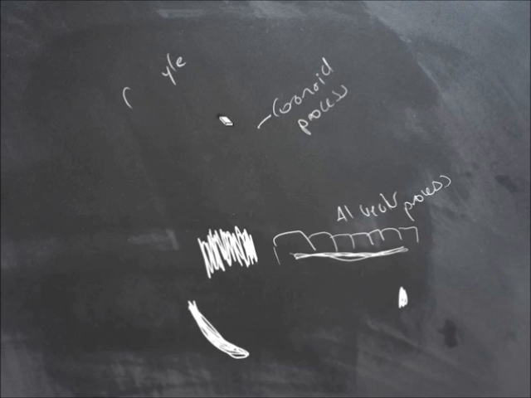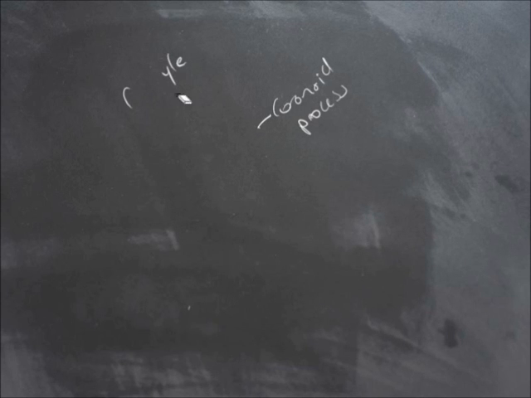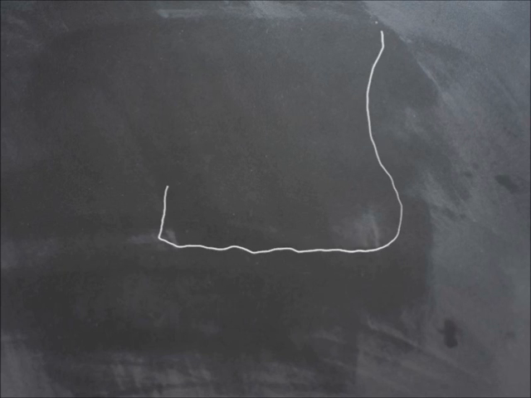Let's draw an internal surface now. There are some features on the inside which are of particular interest. Draw it the other way so we don't get confused. Okay, you got your condyle, your coronoid process, mastoid notch.